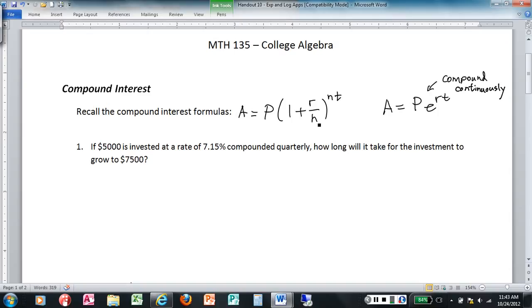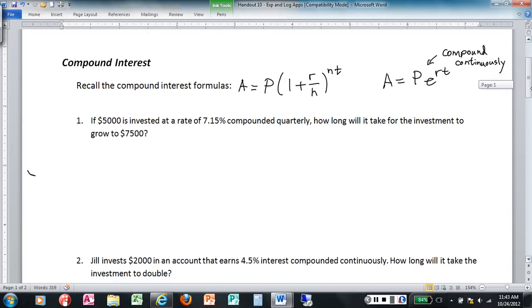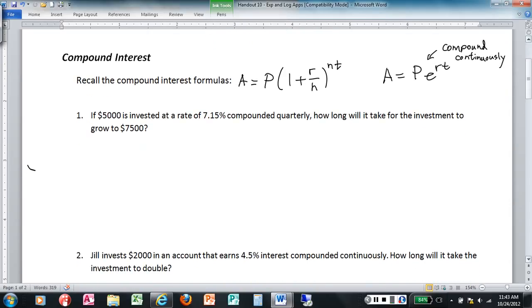The one on the left, the longer one, that's if you're compounding quarterly, monthly, daily, anything but compounding continuously. We're going to use that formula on the left. All right, so let's look at a couple of these. We've already looked at some before, but these have another little twist to them.